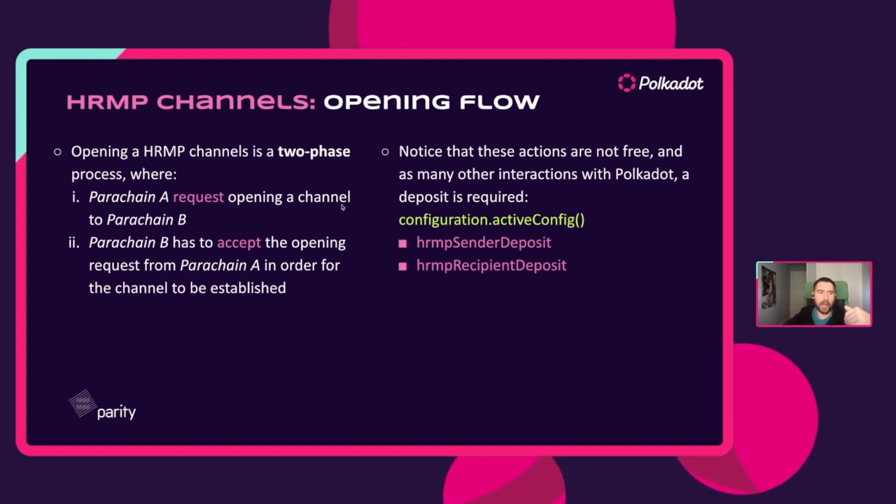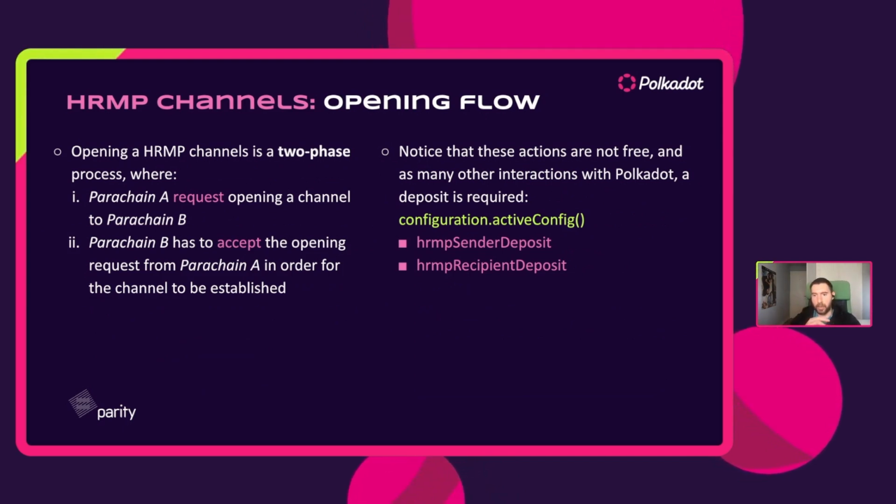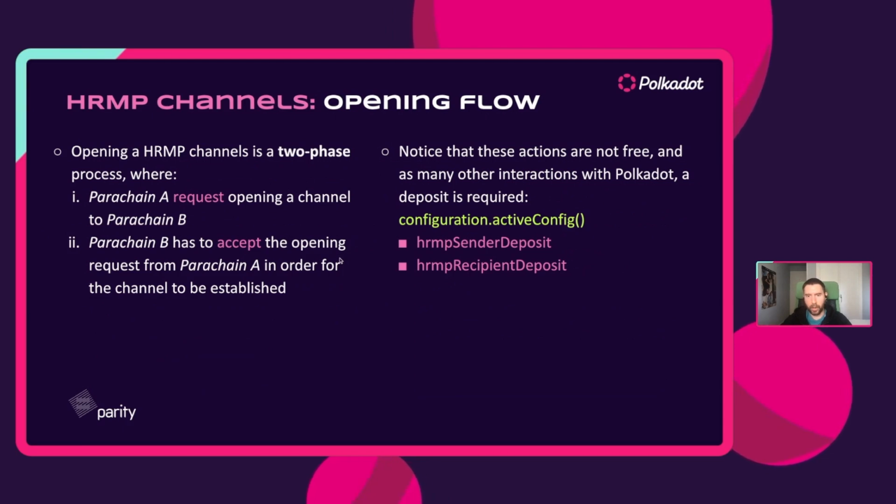Notice that these actions are not free, like most of the actions that you do in Polkadot. So the sovereign accounts of these parachains will need to have a couple of deposits, so enough free balance. You can check what the values are for your relay chain, Kusama or Polkadot. Those are the HRMP sender deposit and HRMP recipient deposit.